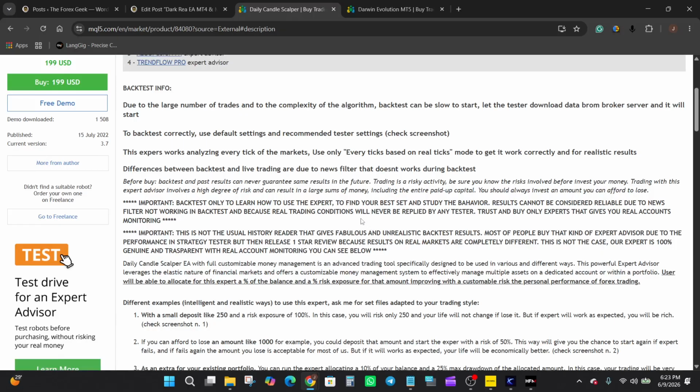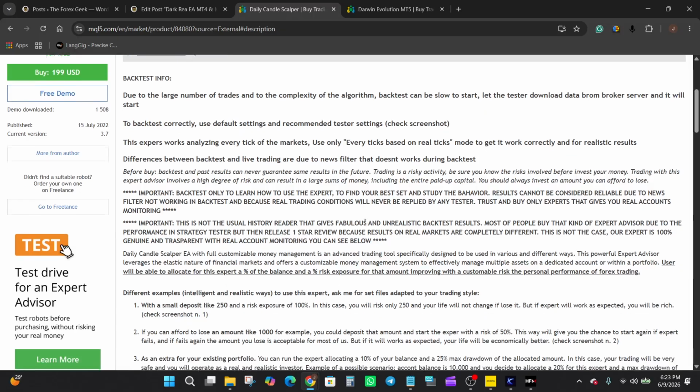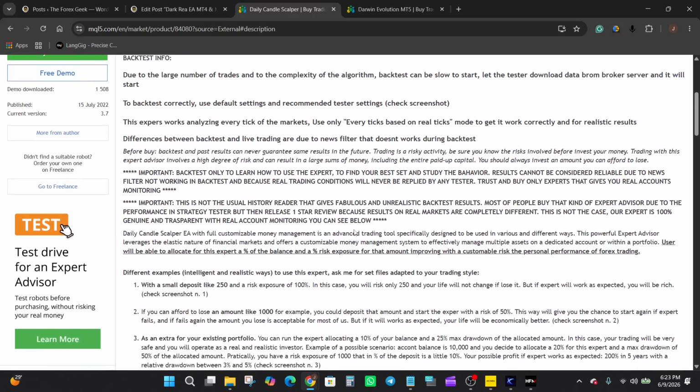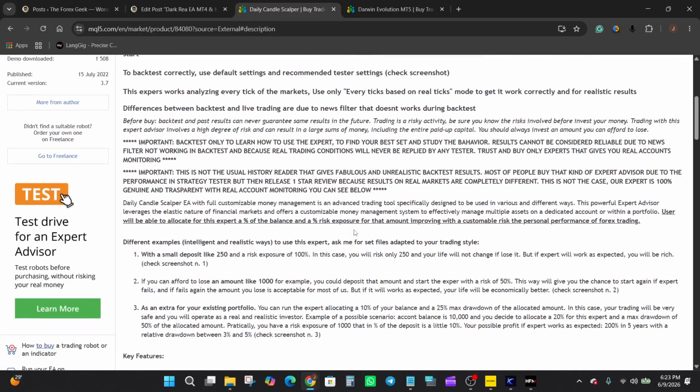One of the main highlights here is the customizable money management system. So instead of a fixed approach, you can allocate a percentage of your balance, define risk exposure, and adjust position sizing based on your own risk tolerance. It also includes equity stop loss, drawdown controls, and profit target settings.